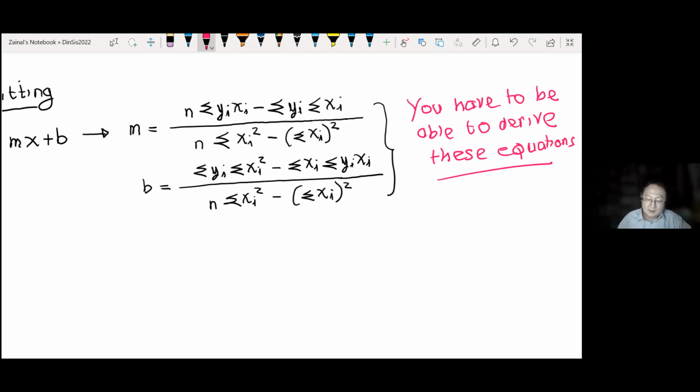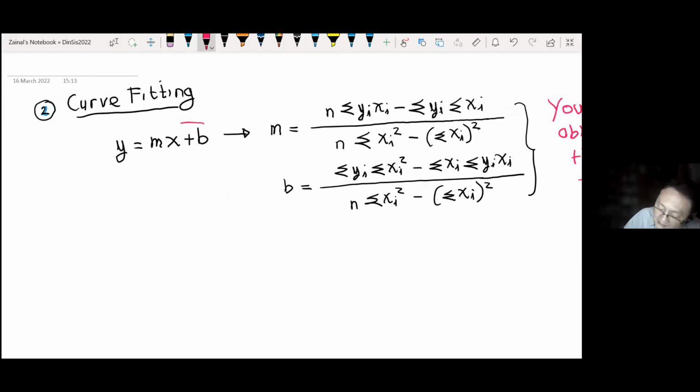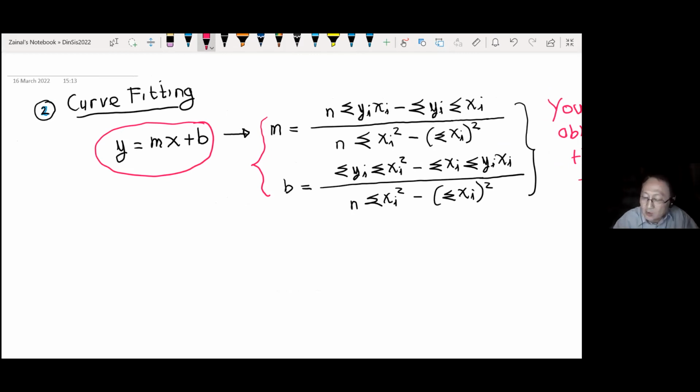Okay, but for this one, you have to be able to derive this one. We already derived this one, right? Now, in homework 1 or homework 2, I think, I ask you to implement that one for something like this.